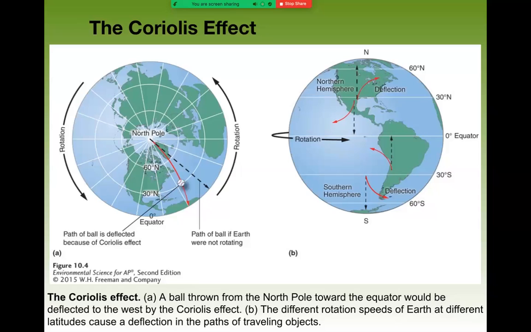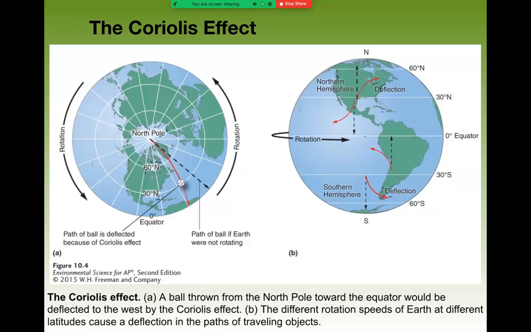This is known as the Coriolis Effect. Now, one thing to keep in mind, this is an effect. The ball itself is in fact traveling in a straight line. It appears to be moving or veering off to the right because the Earth has moved underneath it.